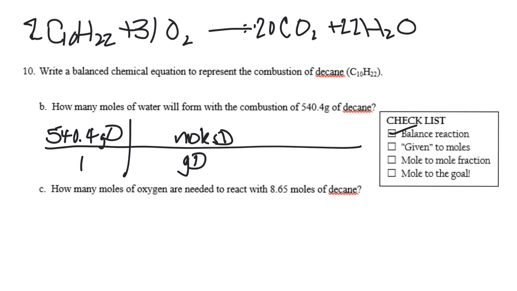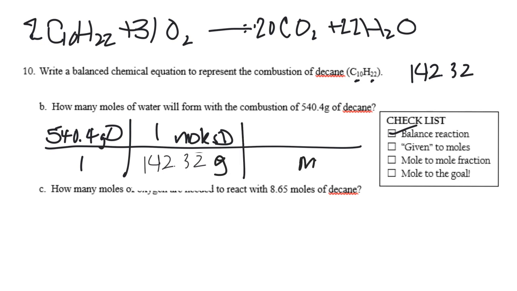And so given to moles, I want to go from grams to moles of decane, and that molar mass is 142.32. And again, we get that by multiplying the mass of carbon times 10 and hydrogen times 22. So I take that molar mass, and I'm going to put that down here. And then I have 1 mole of decane.